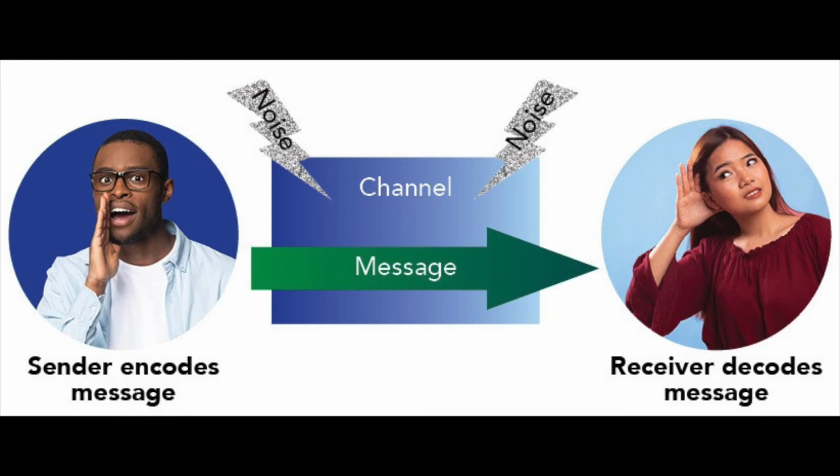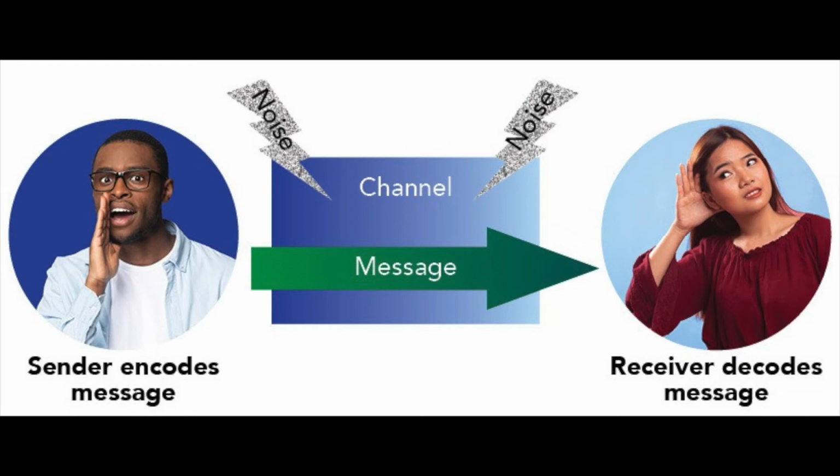The decoding process will likely involve a consideration of relationship with the sender or cultural understanding of the message and the context. Again, the receiver, their job is to try to figure out what the message from the sender is trying to say.